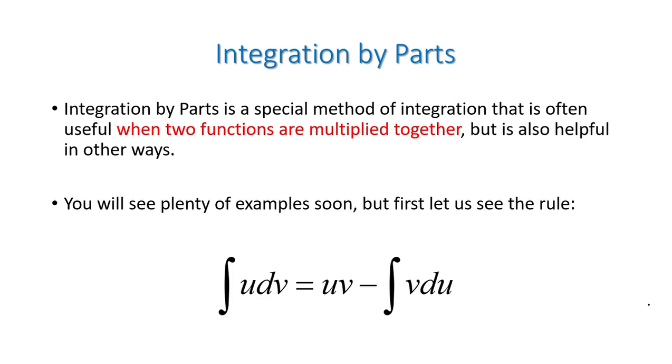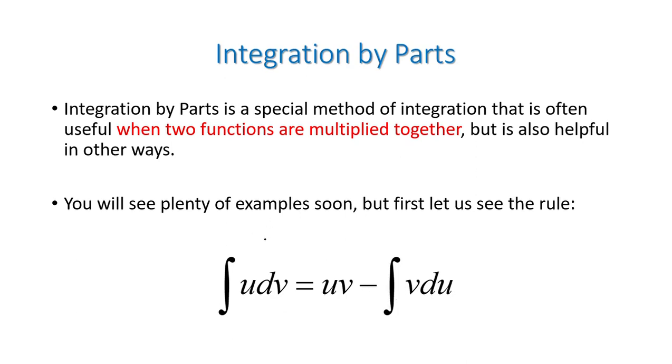You will see examples soon, but first let us see the rules. By the way, this is the formula for integration by parts. Try to memorize this formula, but don't worry, I will also give it in the question later in the exam. So from here, integrate u dv equals u times v minus integrate v du.